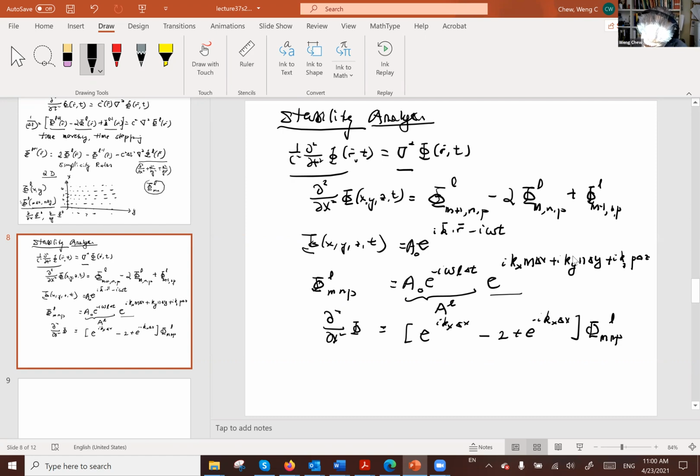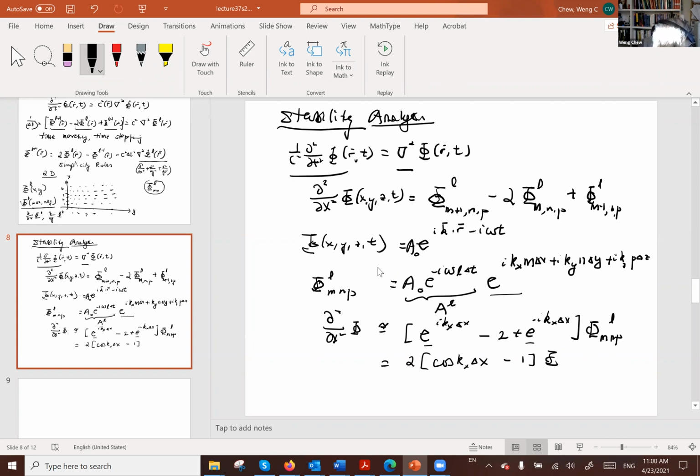And in the third term, which is m minus 1, you have this other term. Then you can pull the whole factor out again. You can combine the two to make a cosine. This term combined with this term becomes a cosine. So this is actually 2 cosine kx delta x minus 1.